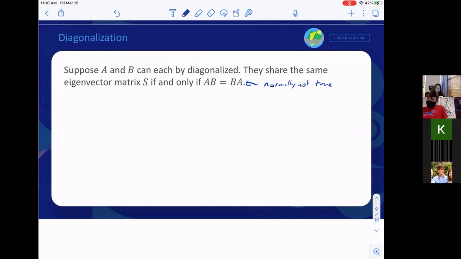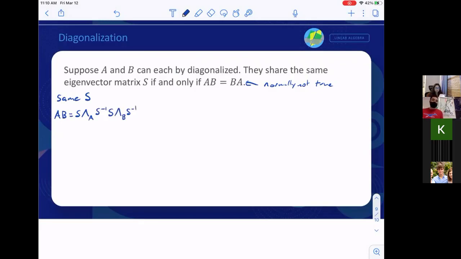So I'm going to show why that's true. I'm not going to do a full proof, but say they have the same eigenvector matrix S. Well, then A times B will be S, the lambdas of A times S inverse, and then S times the lambdas of B times S inverse.